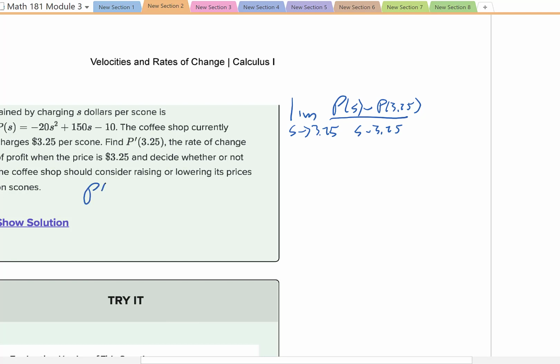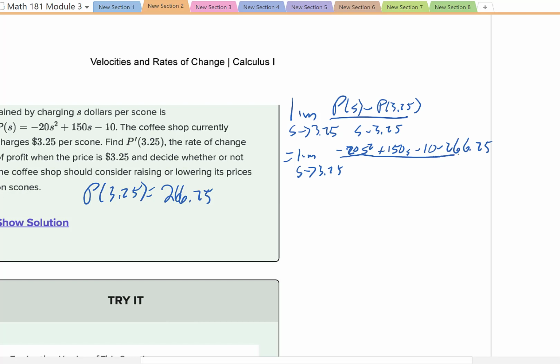Now, our P of 3.25, if you put that in the calculator, you're going to come out with 266.25. So we have the limit as s approaches 3.25 of negative 20s squared plus 150s, this is just the P of s function, minus 10 minus 266.25, all divided by s minus 3.25.